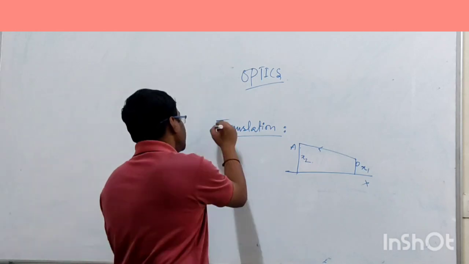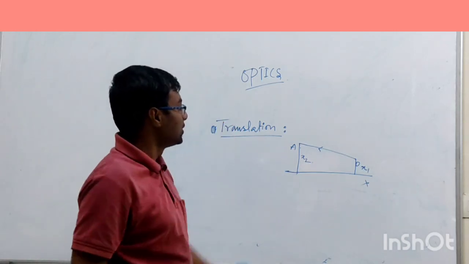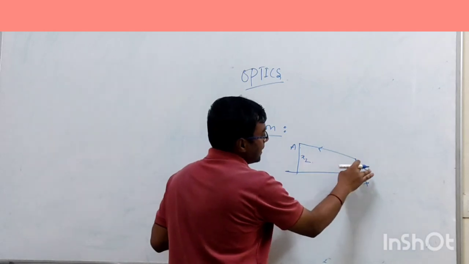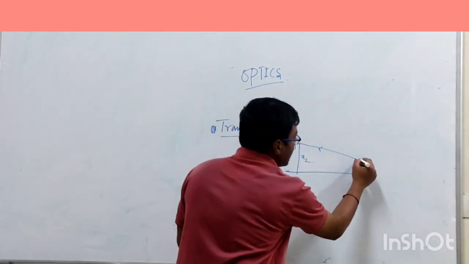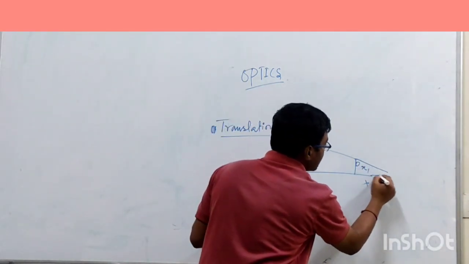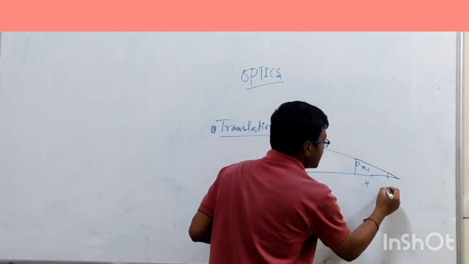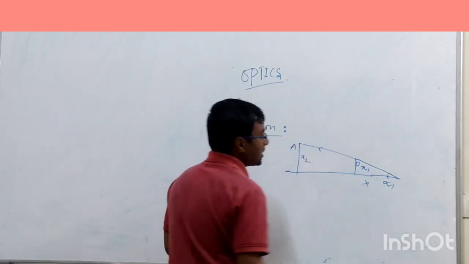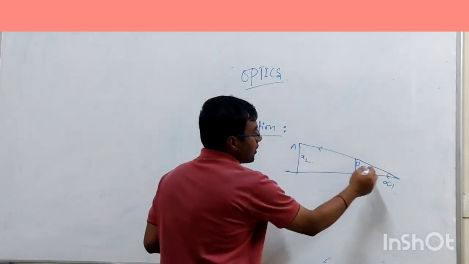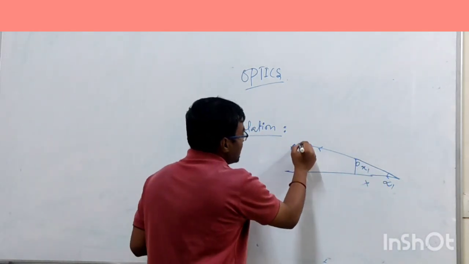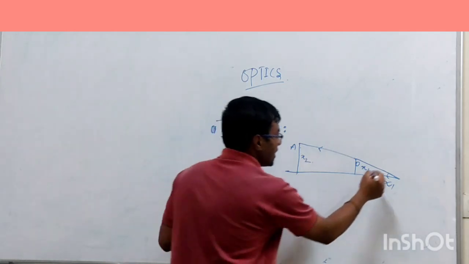As only translation is happening there, the direction or angle of the line should be constant. The angle of the line with the axis should be constant. So consider alpha. If we consider with respect to O, then it is alpha 1. If we consider with respect to A, then it will be alpha 2.